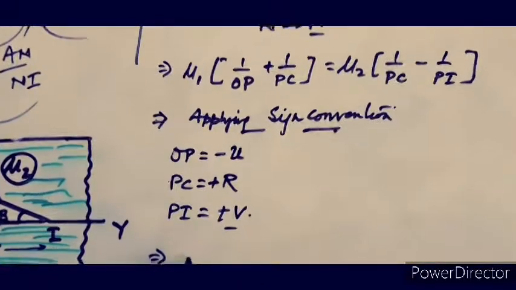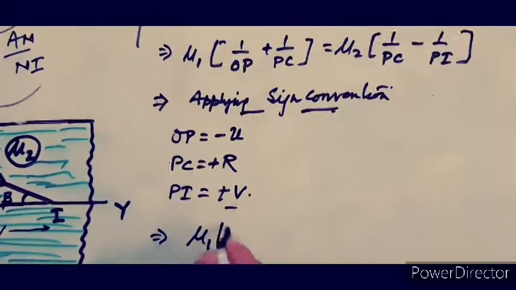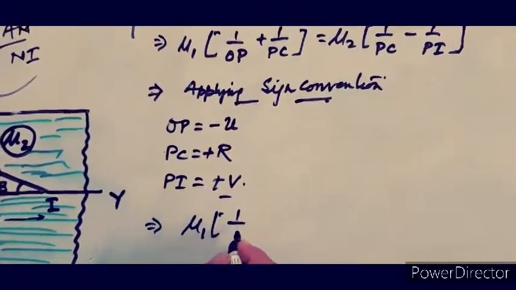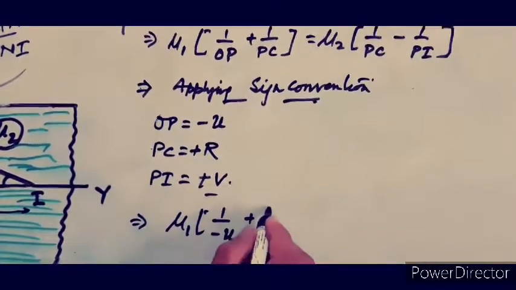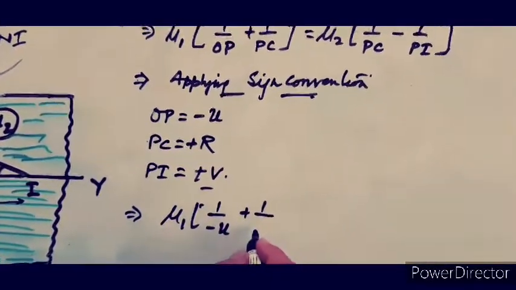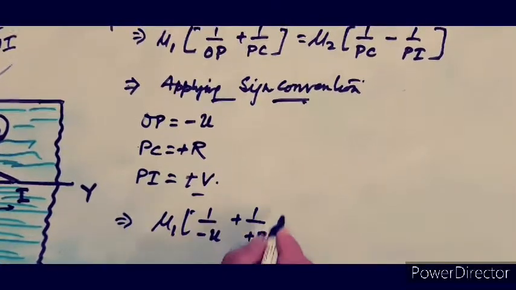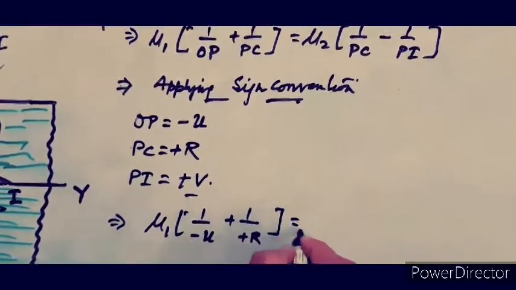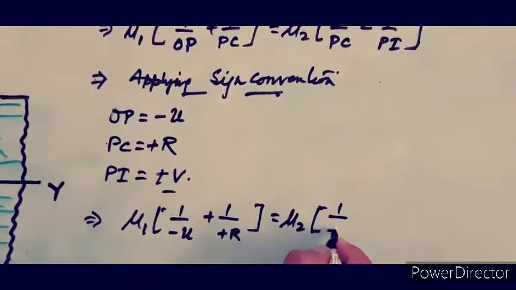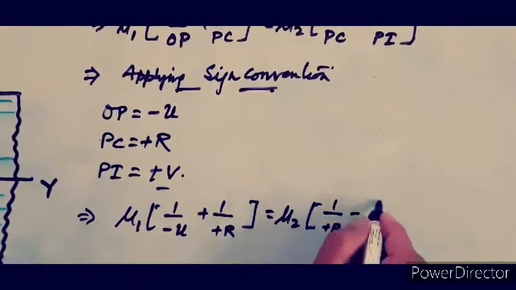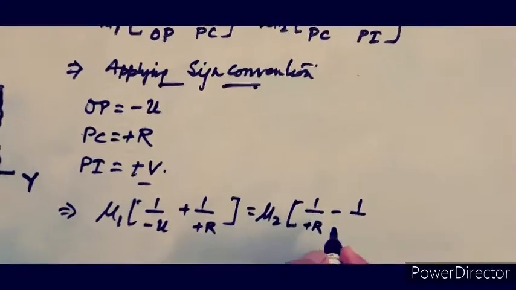So we will get mu1 times 1 by OP, which is minus u, plus 1 by PC, which means plus R, is equal to mu2 times 1 by PC, which means plus R, minus 1 by PI, which means plus v.